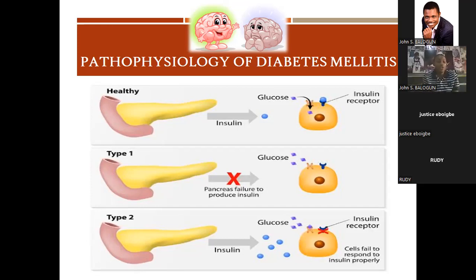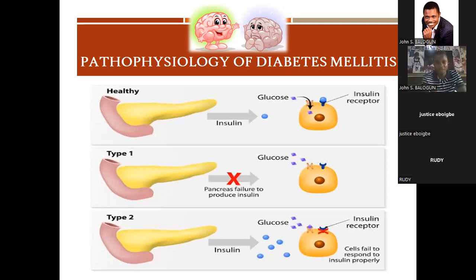So a child who is growing up might not exhibit the symptoms and signs of diabetes. Why? Because the remaining cells still continue to compensate. They keep producing insulin until up to 90% of the insulin producing cells, that is the beta cells of the pancreas, have been destroyed. That is when you start seeing the symptoms and the signs of diabetes.